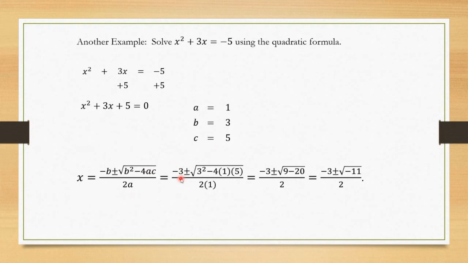Let's plug in negative 3 plus or minus the square root of 3 squared minus 4 times 1 times 5 over 2 times 1. Which, of course, is just negative 3 plus or minus the square root of 9 minus 20 over 2. And that becomes this. Now, here we're taking the square root of negative 11.